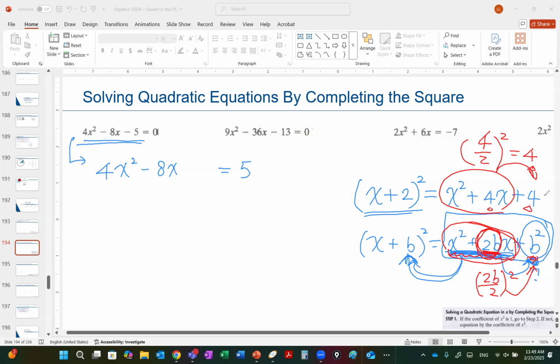Let's write 4 here. After that, you can generate this perfect square. Let's use the same knowledge here. The key part: we need to find the coefficient in front of the x term, take half of it, and square it. That's where this came from, right?